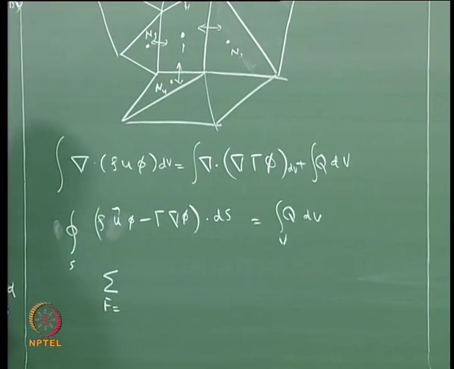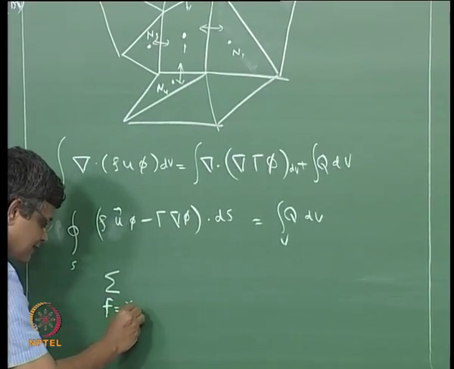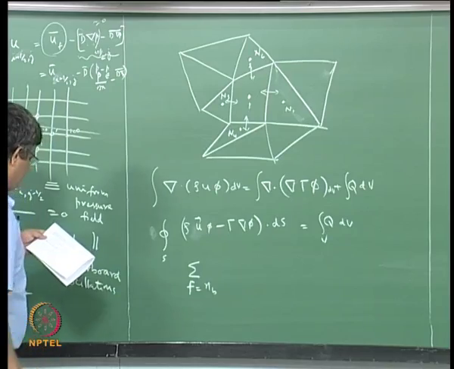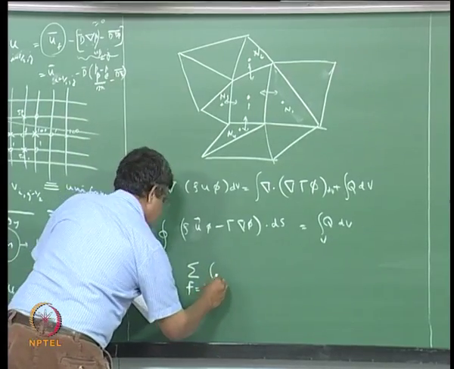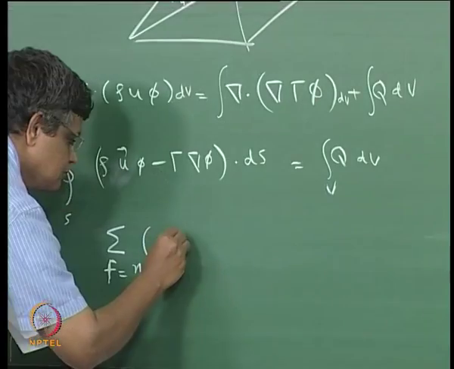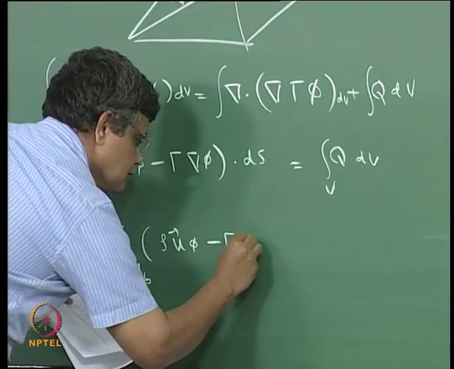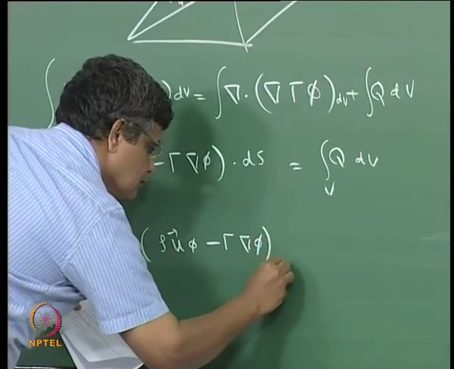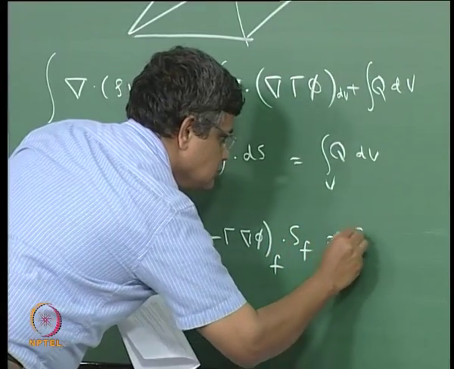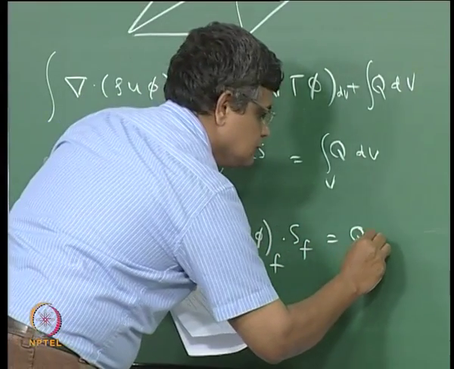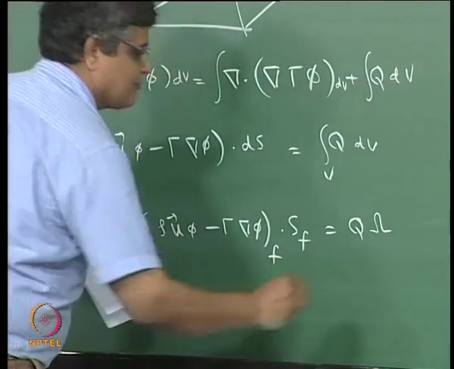where f is, okay, let us say that small f is the neighboring face of the cell, plus q times omega.